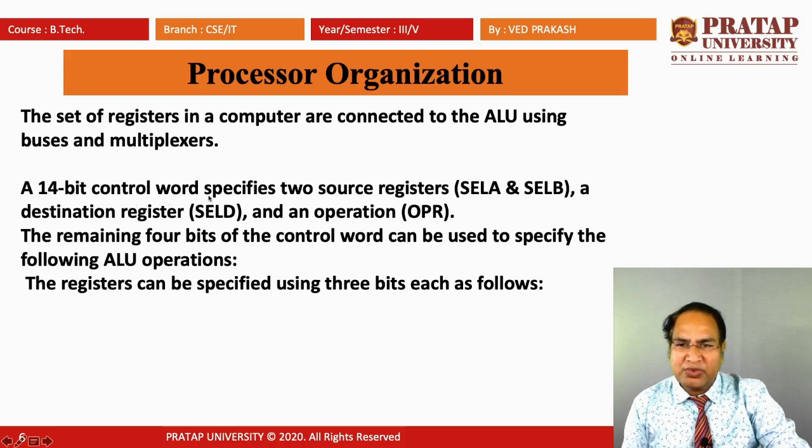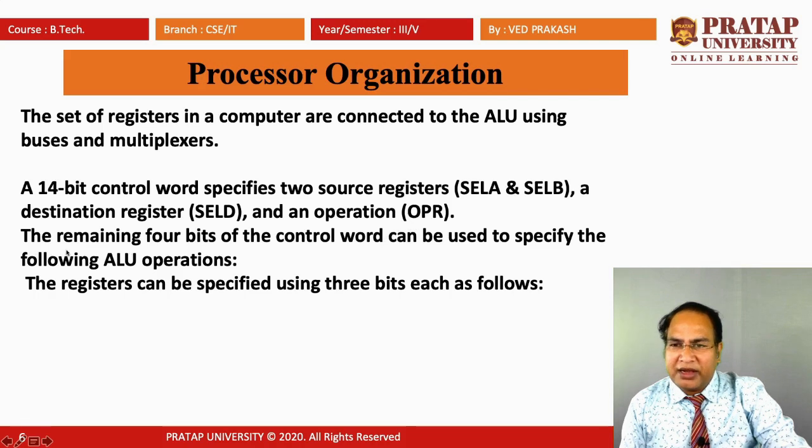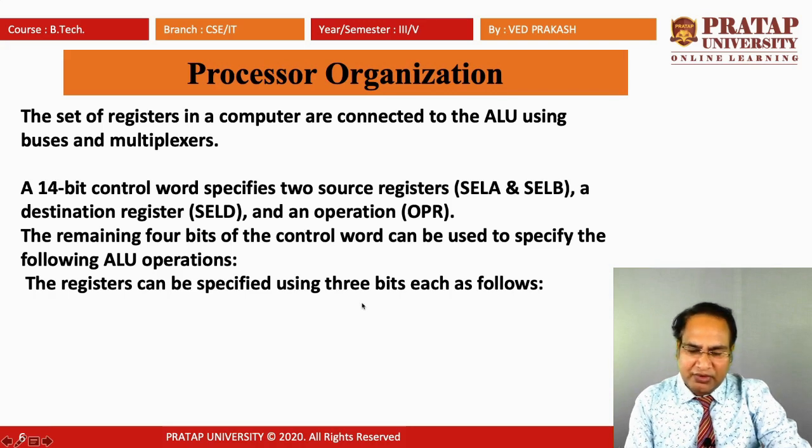Two source registers are selected using select A and select B, which are basically the outputs of multiplexer A and B. A destination register is selected, known as select D, and we perform the operations using these 14 control bits. According to the binary value of the OPR bits we decide which operation to perform on the data. The remaining 4 bits of the control word can be used to specify the ALU operation. Each register can be specified using 3 bits as follows.